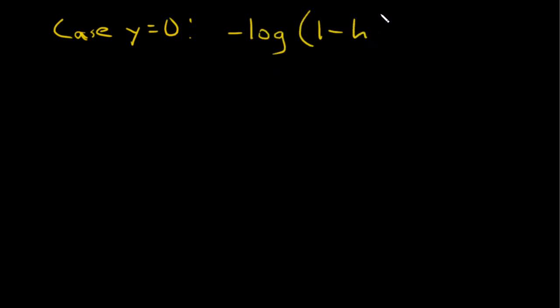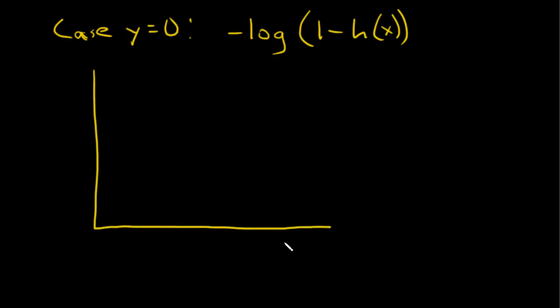And so we have the case where y equals 0. We said that was going to be negative log of 1 minus h of x. So what does that look like? Based on what we saw before, if y is equal to 0, and I guess 0, and this is again the cost, and this is h of x right down here.